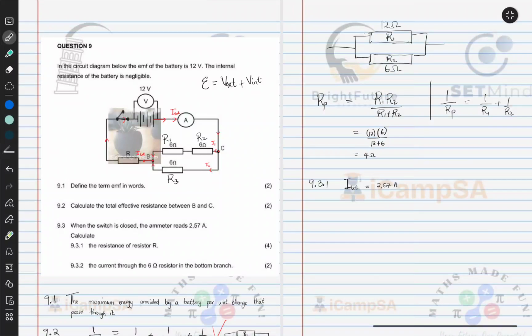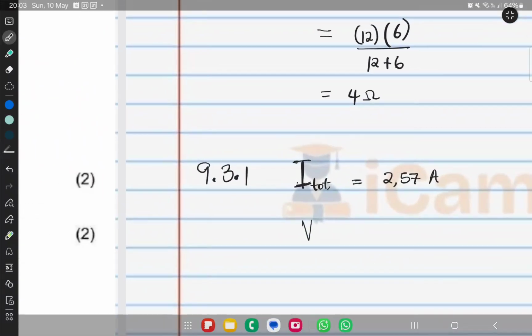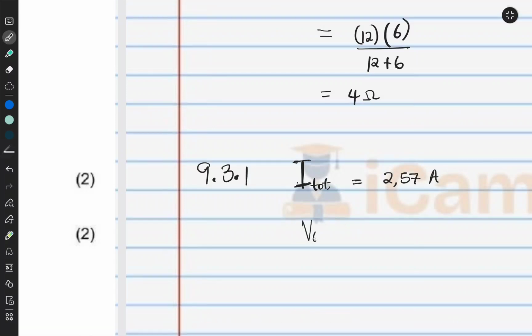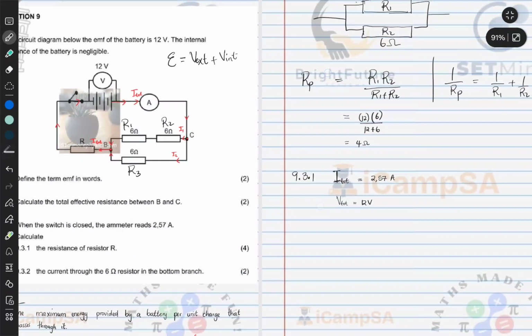We neglect the internal resistance of the battery. This means V total is also 12 volts, the one that is being supplied to the circuit.